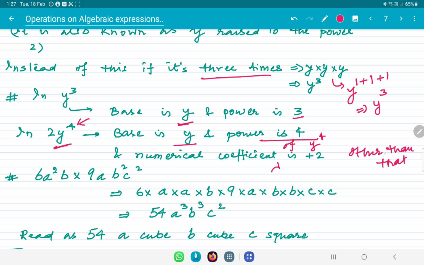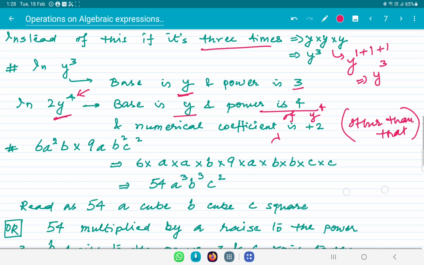Other than that is whatever they are asking, apart from that you will get the answer. So apart from y raised to the power 4, what is here? It is only plus 2. So the numerical coefficient of y raised to the power 4 in 2y raised to the power 4 is plus 2.